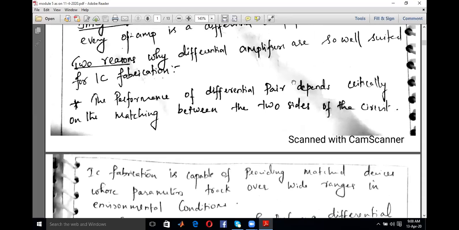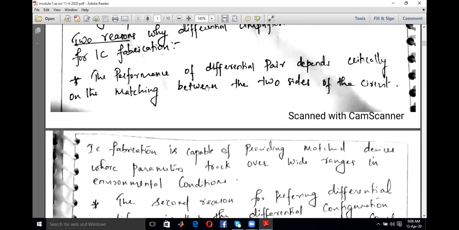Another reason why we prefer this differential amplifier is, please read this point: the performance of the differential amplifier depends critically on the matching between the two sides of the circuit. In an IC, we always need to connect one part or one terminal of the IC to another terminal.